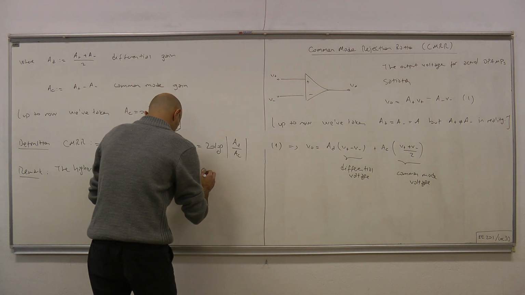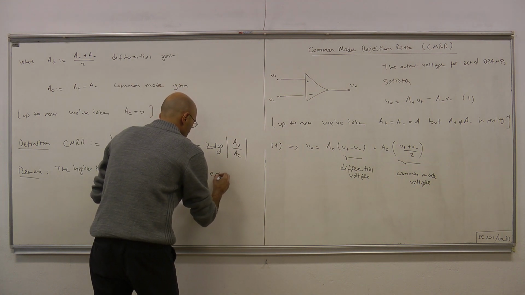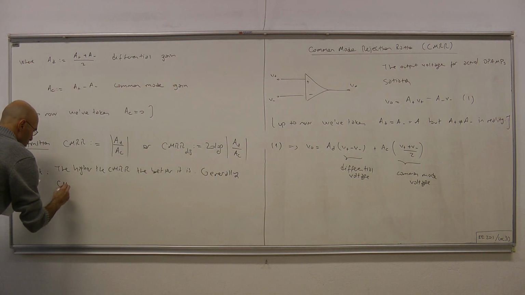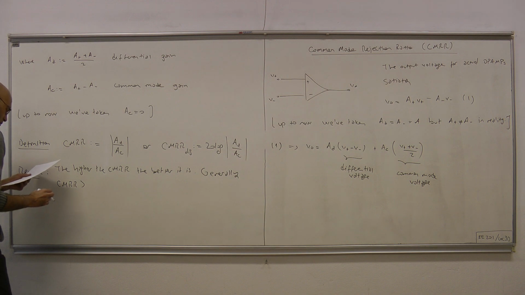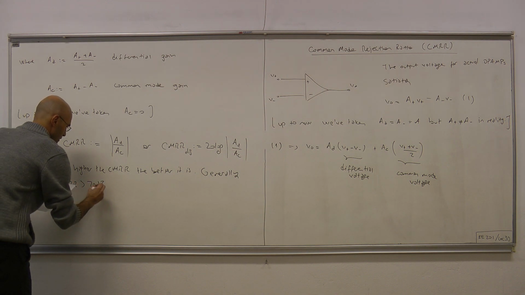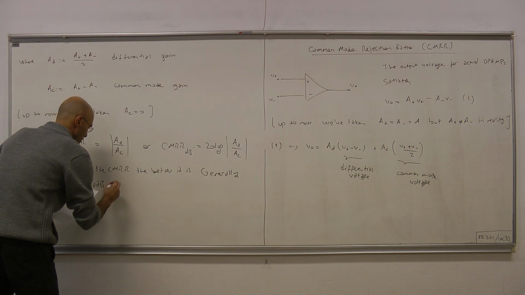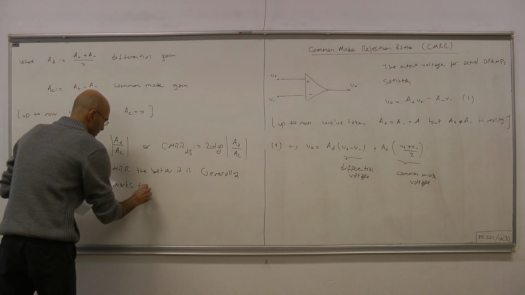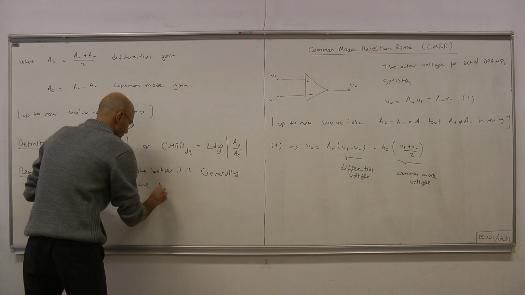Generally, common mode rejection ratio greater than 70 decibels works fine for most applications.